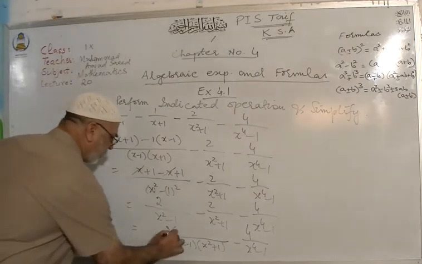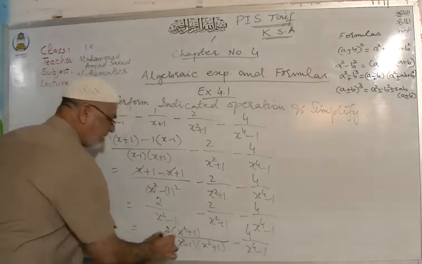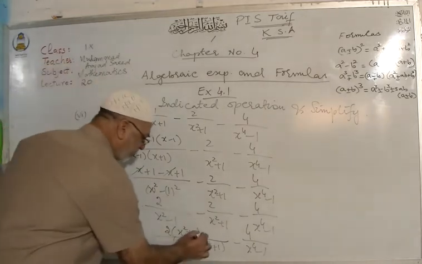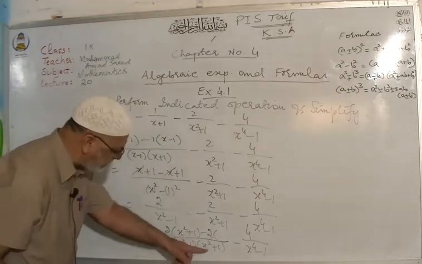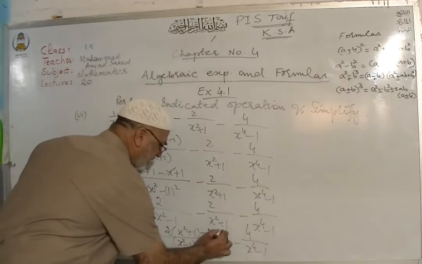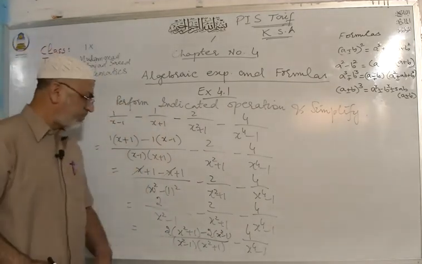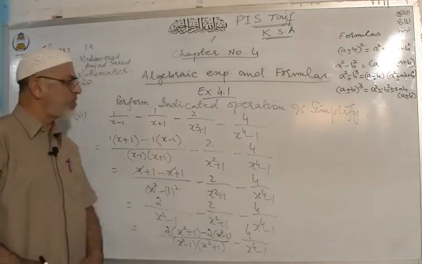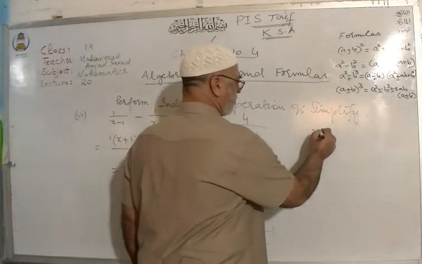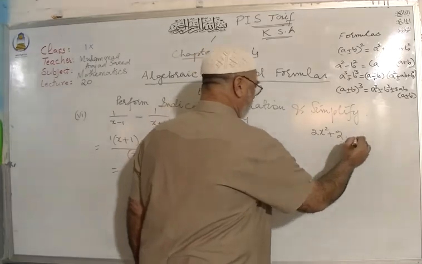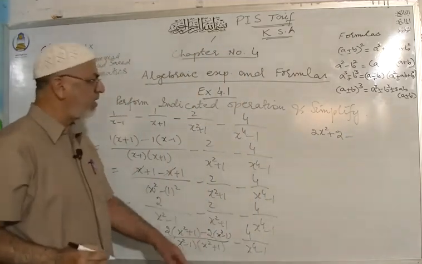This will be 2 into x square plus 1 and minus 2 into, this is cancelled with plus, we are left with x square minus 1. Dear students, open up the brackets. 2x square plus 2 and minus 2x square plus 2.